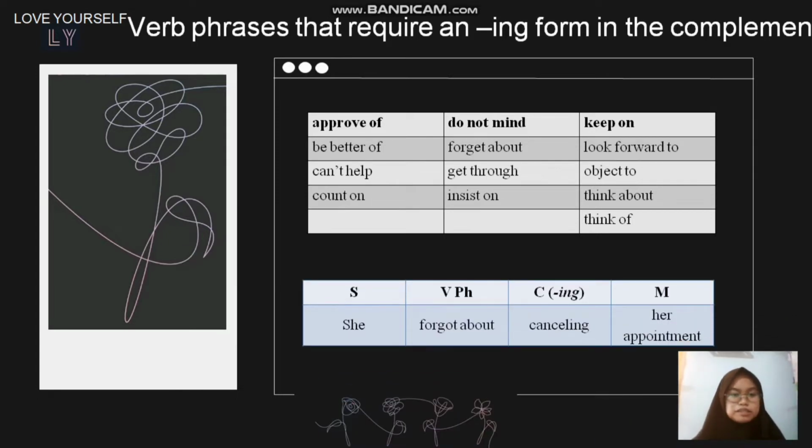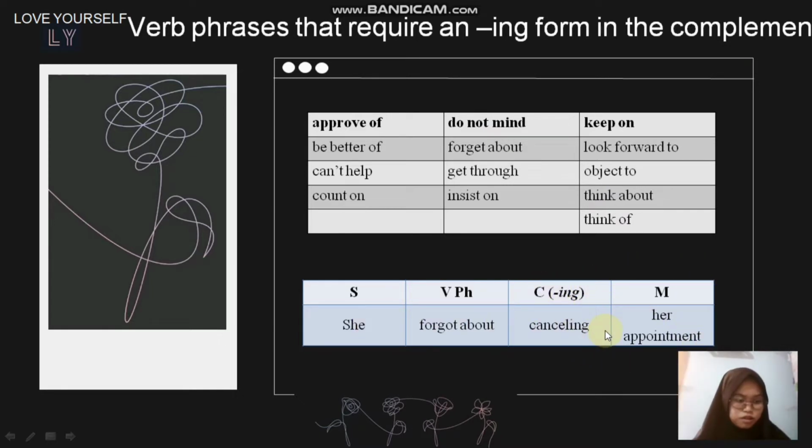And the formula is: she forgot about cancelling her appointment. She becomes the subject, forgot about becomes the verb phrase, which is in the list above, forget about. Cancelling is the complement, ing.